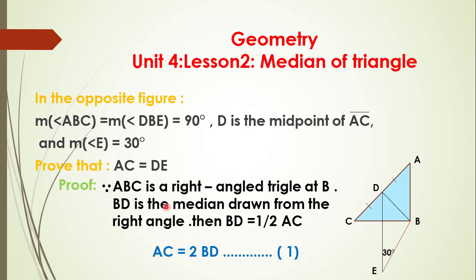But we want AC and DE. So BD equals half AC. It means that AC is double BD. So AC equals 2 times BD, and this is equation number 1.